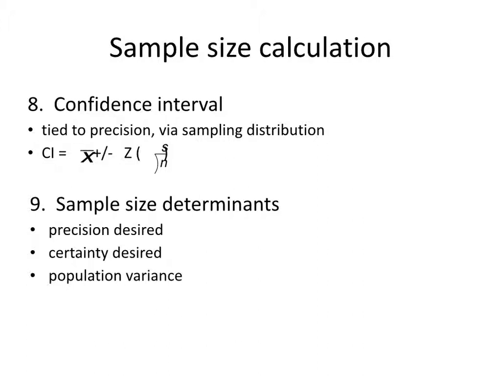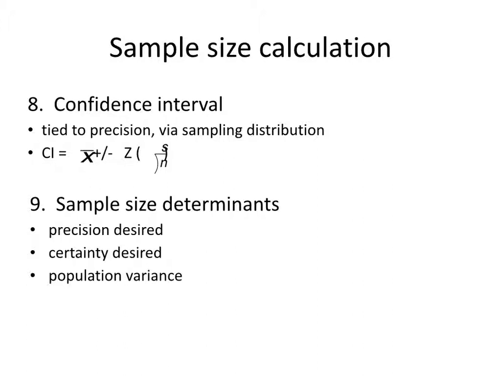So CI, the confidence interval, is x bar, which is our sample estimate, the mean, plus or minus z times the standard error of the mean, s over the square root of n. Now, you should see these two components in there.